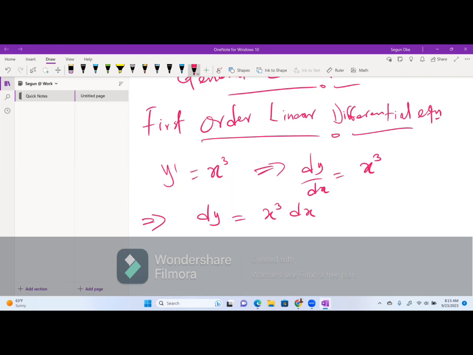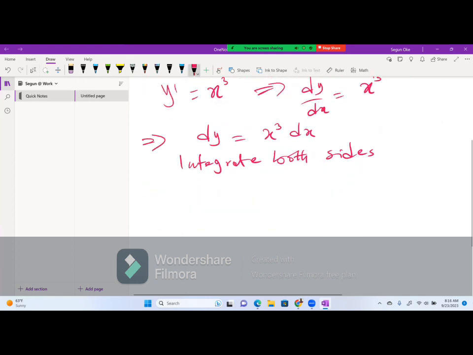After you have this, remember that integration is anti-differentiation, right? So integrate both sides. When you integrate both sides, you have the integral of dy equals the integral of x cubed dx.